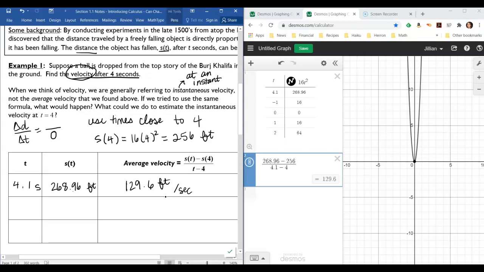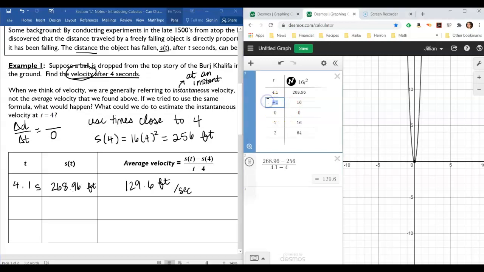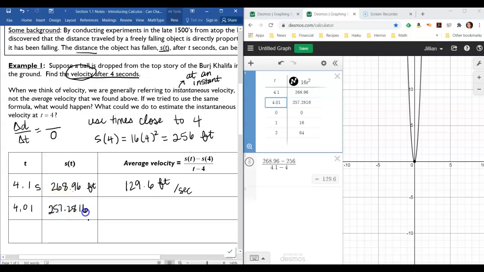I can do that same thing now. Let's get a little closer to 4, but still not quite 4. Let's do 4.01. So I see then at time 4.01, my position was 257.2816. I want you to use all those decimals for right now. We can round our final answers here.